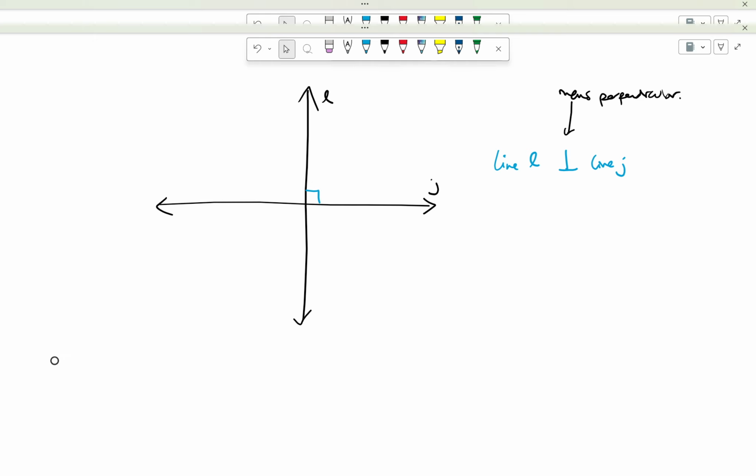Okay, so when lines are perpendicular, it means there is exactly one line that is perpendicular through L, okay? Which in this case is J. So there's only one that's going to exist that has the relationship of being perpendicular.